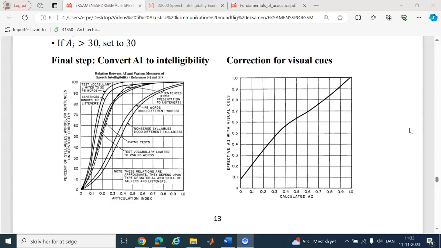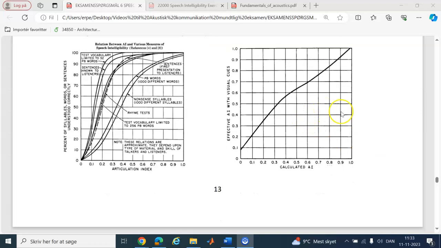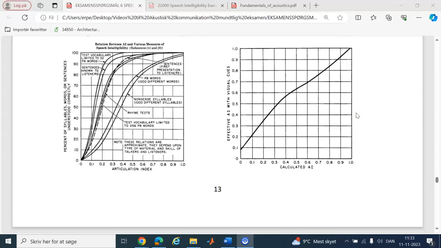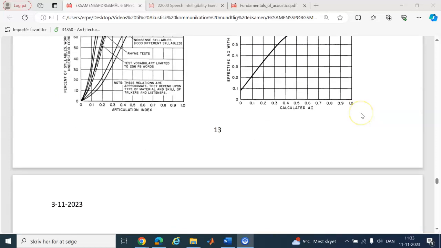With visual cues, it will be better. For instance, for a 0.5 calculated AI with visual cues, it will be more than 0.6. So visual cues improve the understanding a little bit.